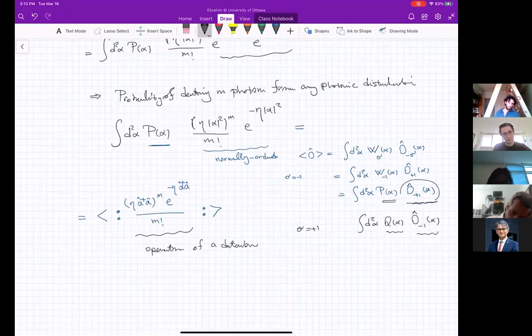Look, if we have A dagger A to the power of m, how do you write it as a normal order? You close your eyes and you write A dagger to the power of m, A to the power of m. That's all. This is the definition that we had for normal order and anti-normal order.